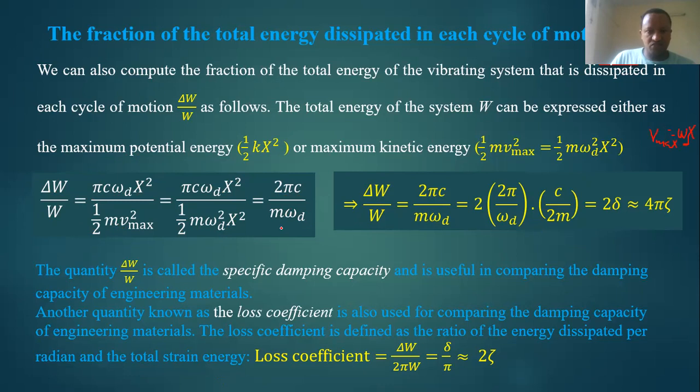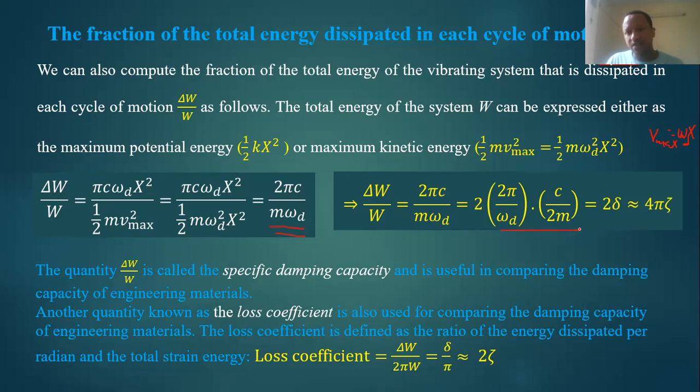By rearranging some terms, delta W over W, the ratio of energy dissipated to the total energy, is equal to 2 times 2 pi, c over 2m omega d.